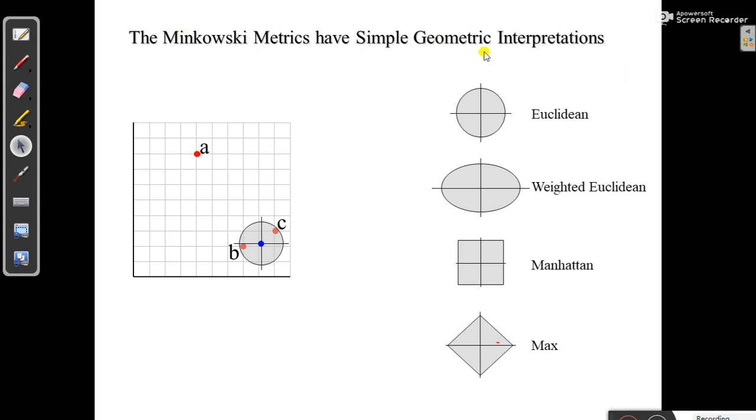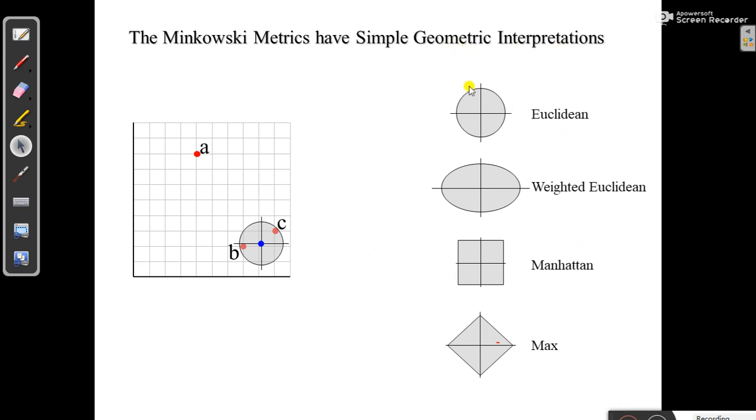Minkowski metrics have a simple geometric interpretation. If it is Euclidean, we can use a radius or circular notation because the distance is calculated in a circular frame. In the case of weighted Euclidean, it will be an oval shape. In the case of Manhattan, it will be a diamond shape. In the case of Max, it will be a square shape.